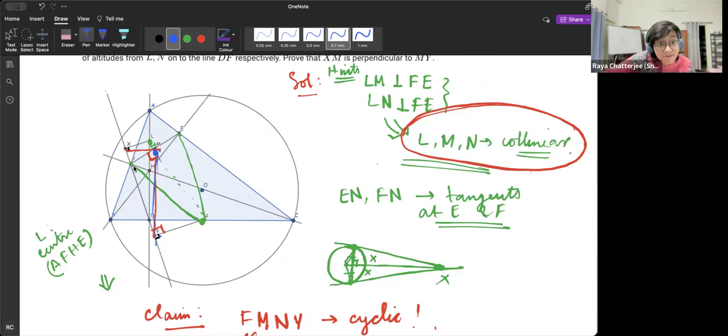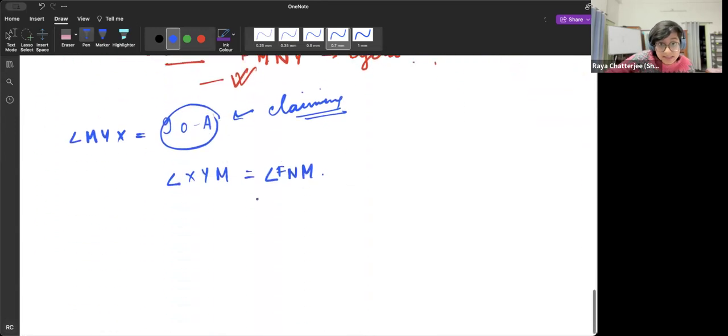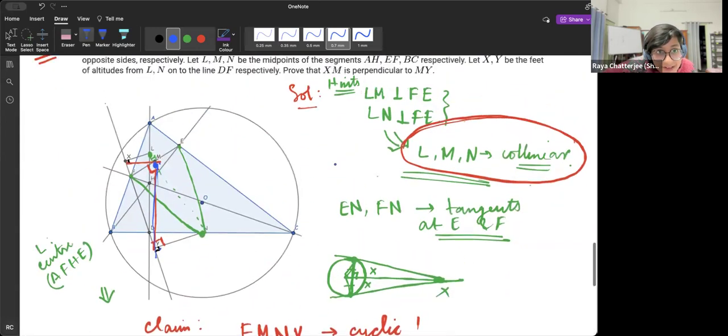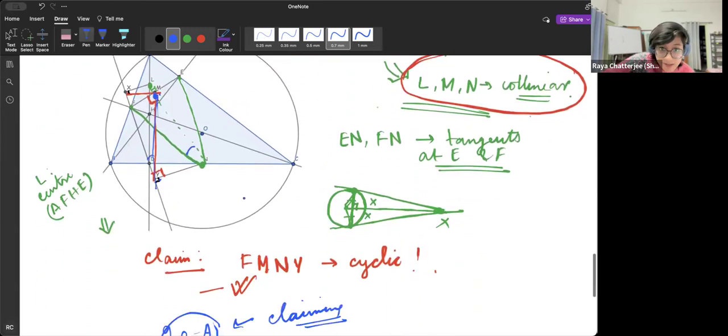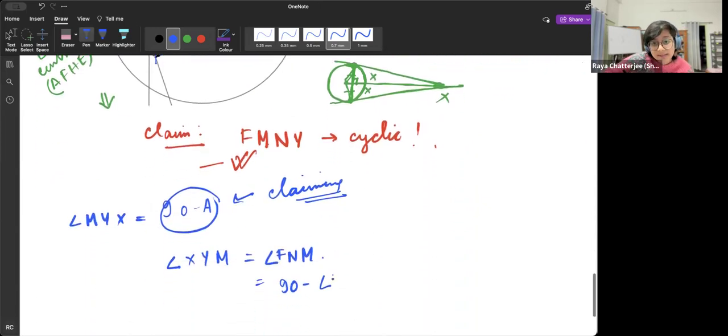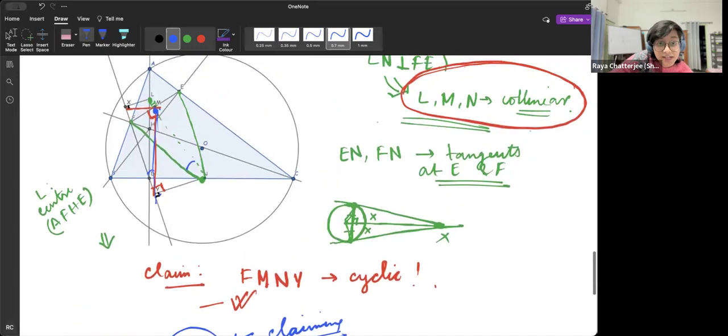So XYM is equal to FNM, which is in turn equal to 90 minus MFN. I'm just going to write that down. 90 minus NFM. Perfect. So now we just need to compute the angle NFM.